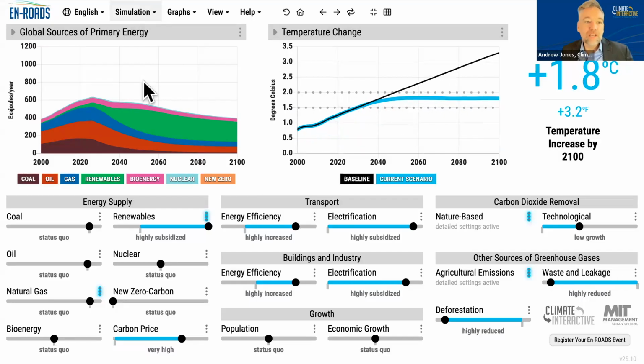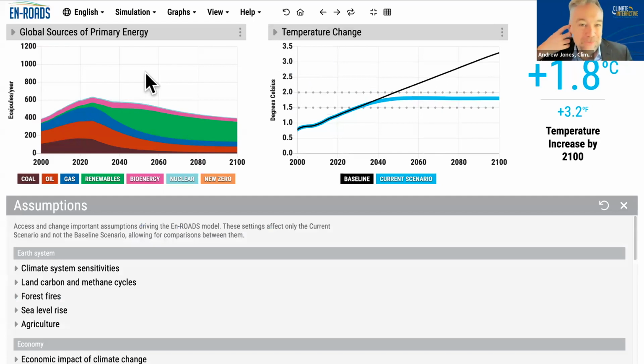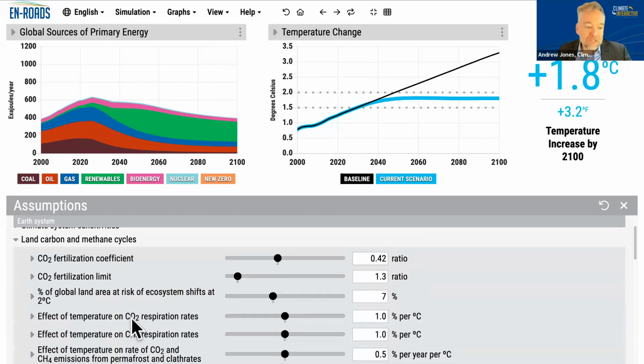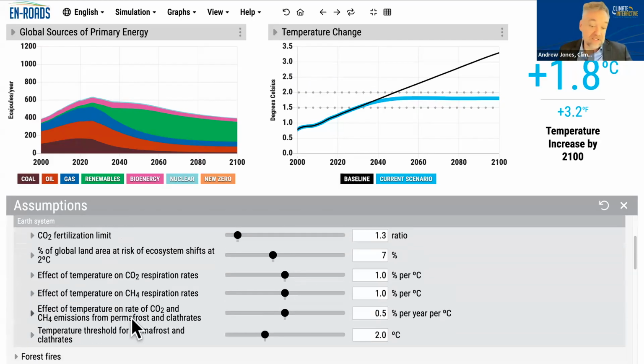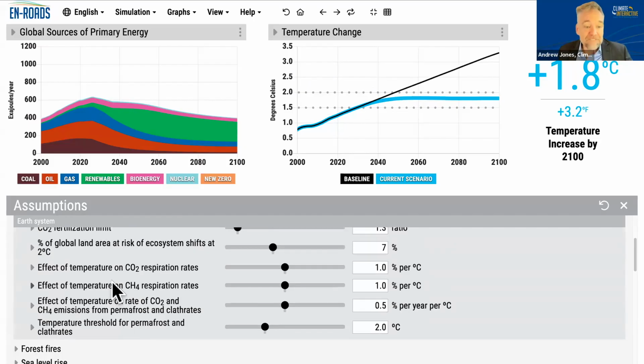Yeah, so one of the critical things is exploring assumptions. So you can imagine you've worked with spreadsheets and models before. Many of the results will change based on the assumptions you put in, and we allow you to change many of those assumptions. So underneath here, we can explore some of, boy, the Arctic is very important in this, the effect of various assumptions on permafrost and clathrate.